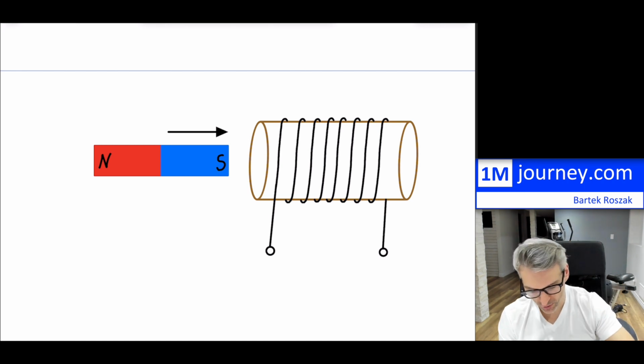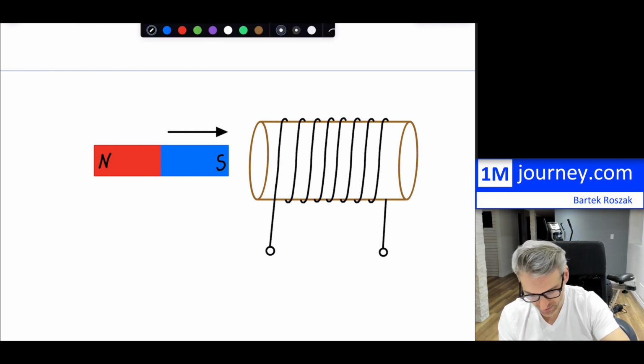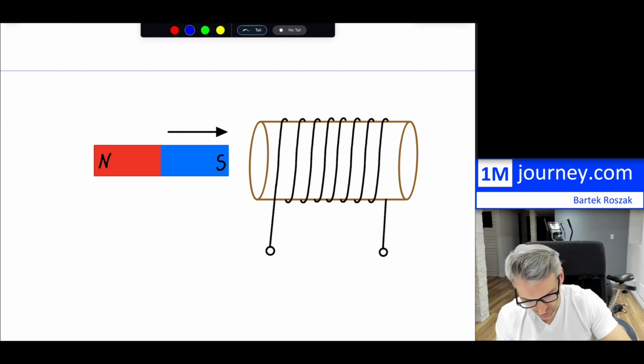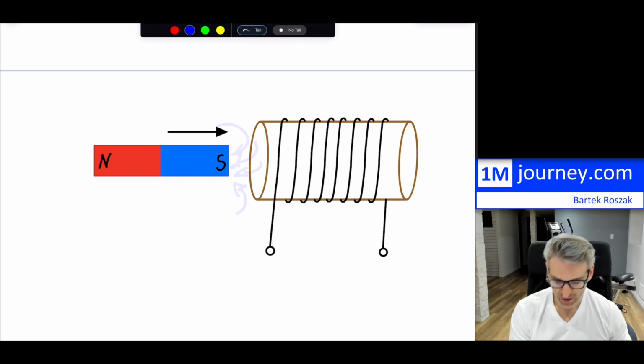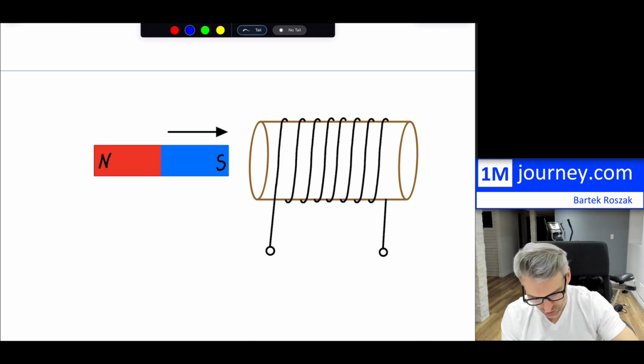So you are increasing the south pole within here. Remember that this is going to be flowing out in this direction, into the south pole. So it wants to oppose that as well. So it's going to create a south pole as well.